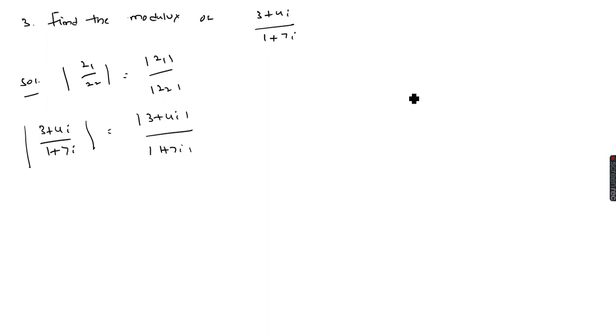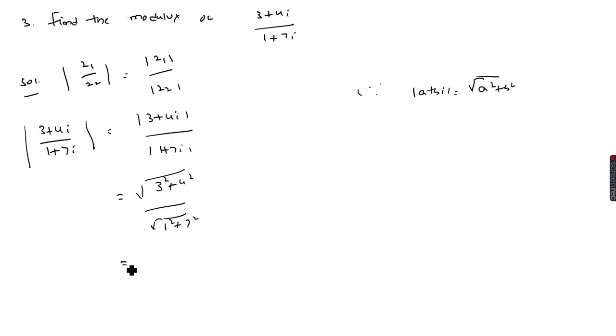We know that mod of a plus bi is nothing but root of a square plus b square. This is a basic formula. So this is nothing but root of (3 square plus 4 square) by root of (1 square plus 7 square).